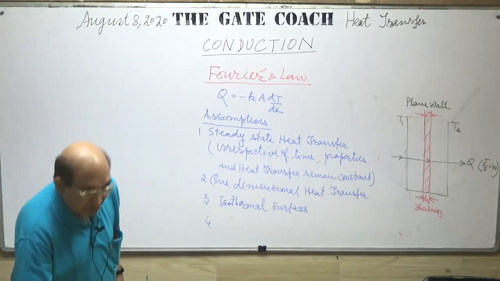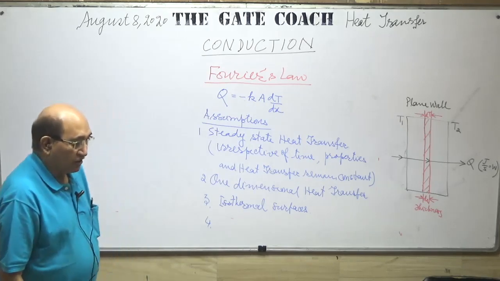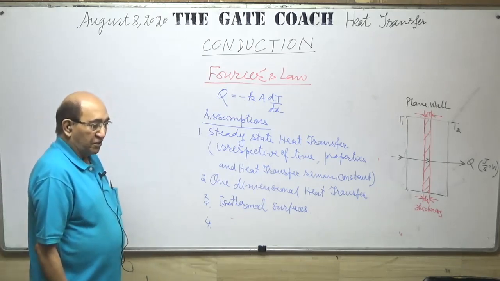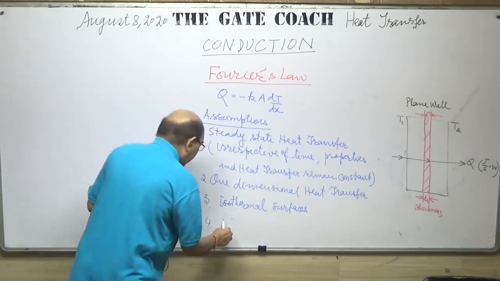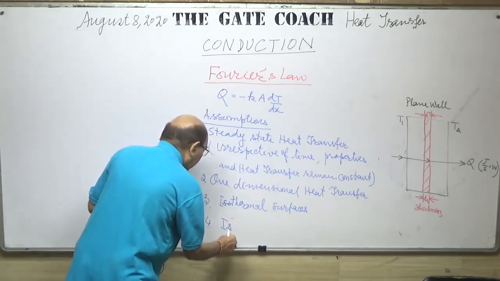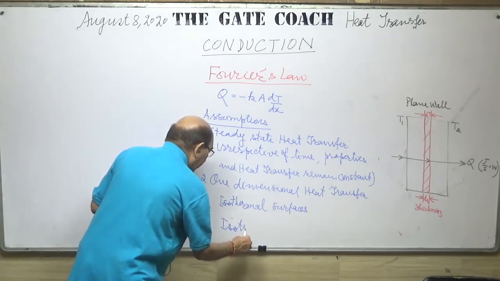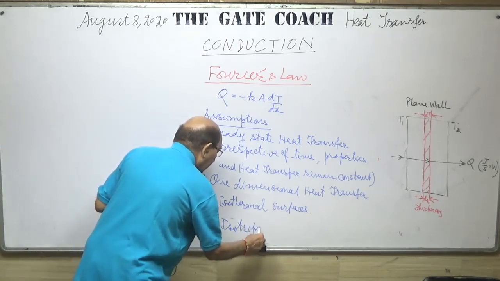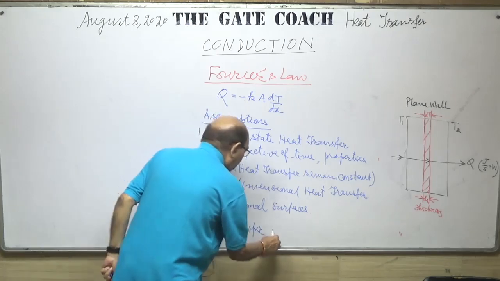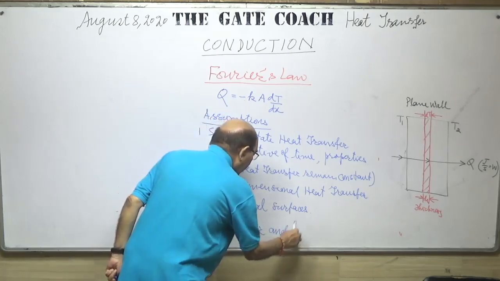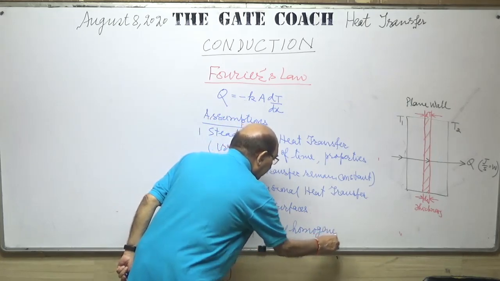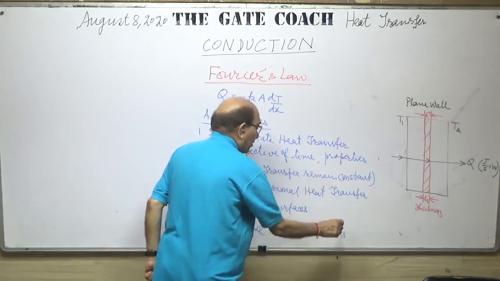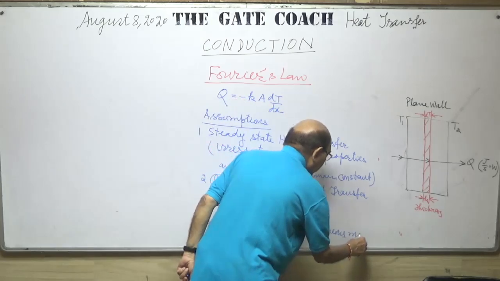But for simplicity, we are considering thermal conductivity remains constant. And that material we call isotropic and homogeneous material.